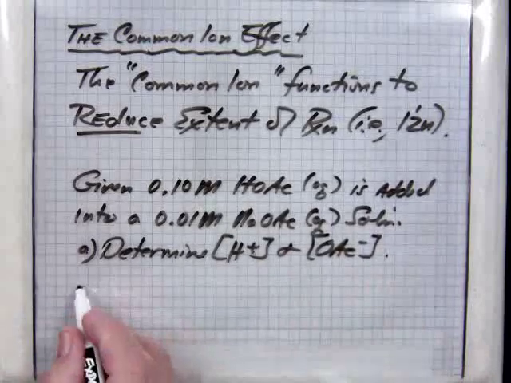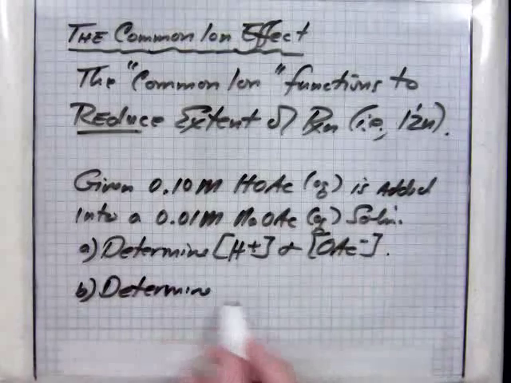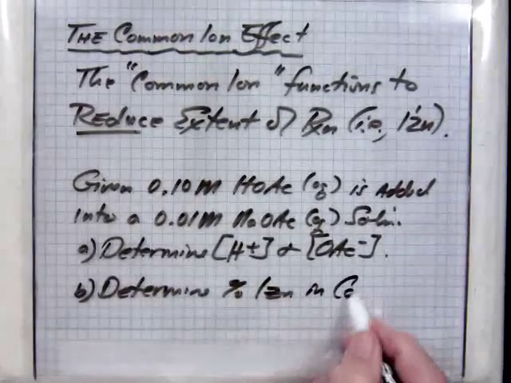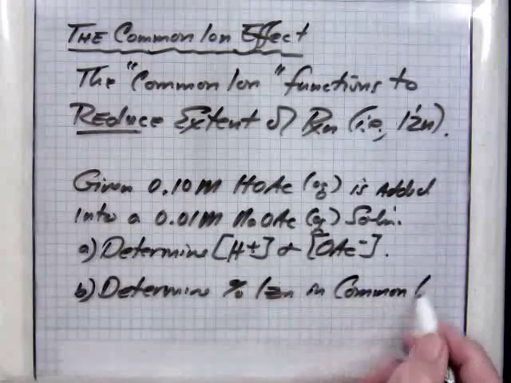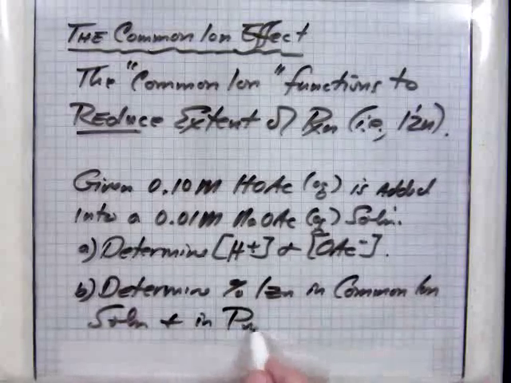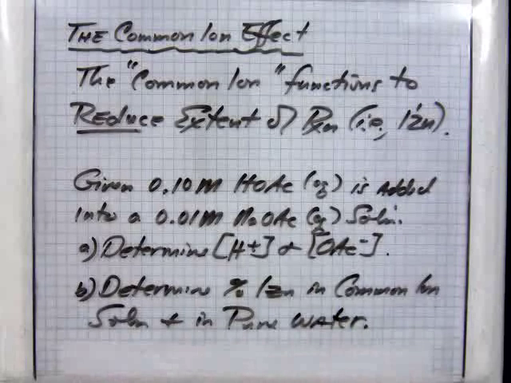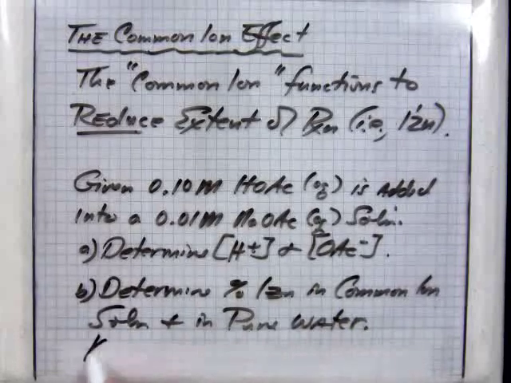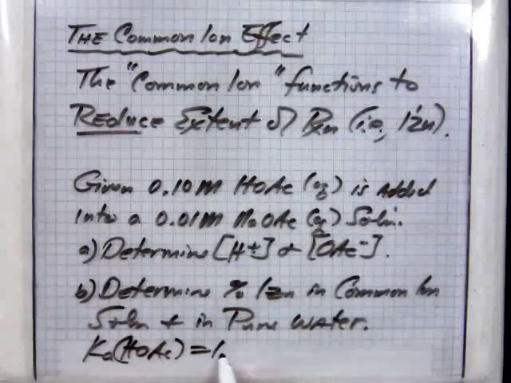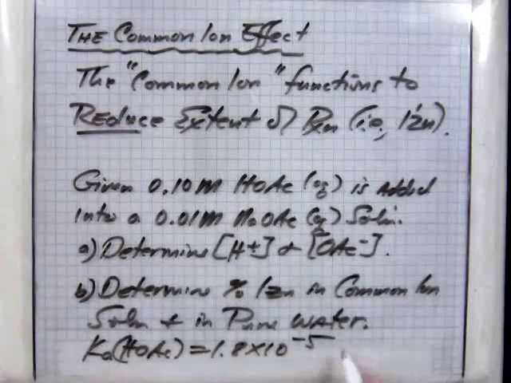And B, determine the percent ionization in the common ion solution and in pure water. The Ka, of course, for acetic acid is 1.8 times 10 to the minus 5. That's given in the problem.